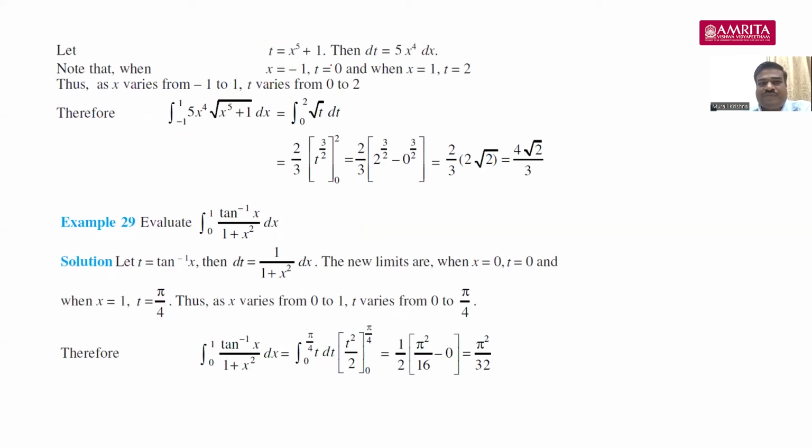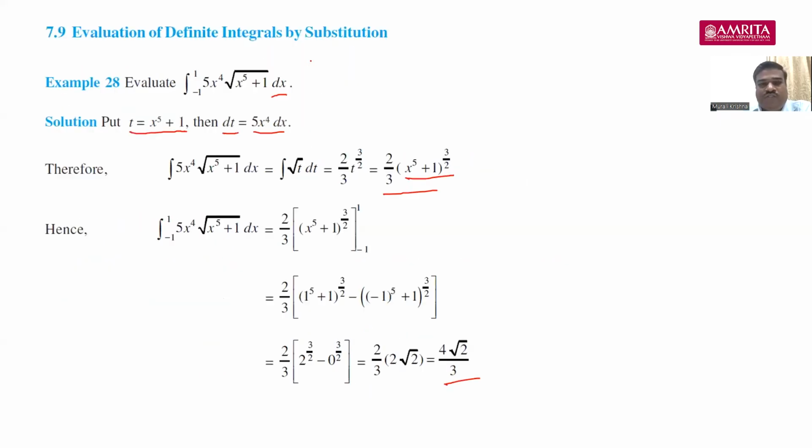Alternative method: once you choose this substitution, t equal to x power 5 plus 1, then you can change the limits itself. As a part of dt, 5x power 4 dx will come. And we are having two limits. Please notice, in this situation we have two limits. So you need to find here: the new variable is t, the old variable is x.